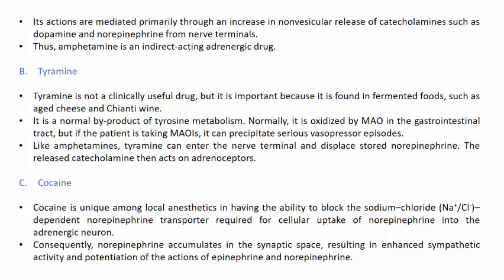But if the patient is taking drugs that are monoamine oxidase inhibitors, it can precipitate serious vasopressor episodes. It is like amphetamine, so it can enter the nerve terminal and displace stored norepinephrine, where the released catecholamine then acts on adrenoceptors, because these agents, as I mentioned, are indirect acting adrenergic agonists.